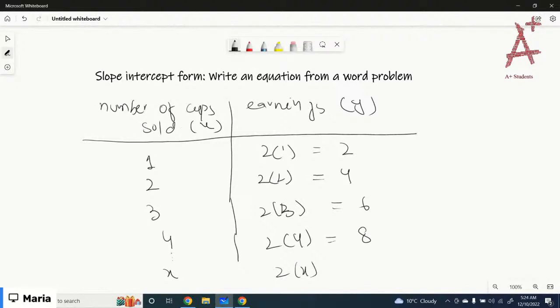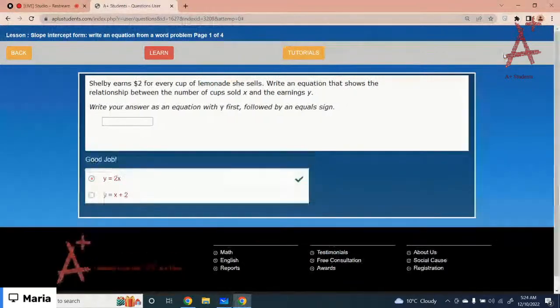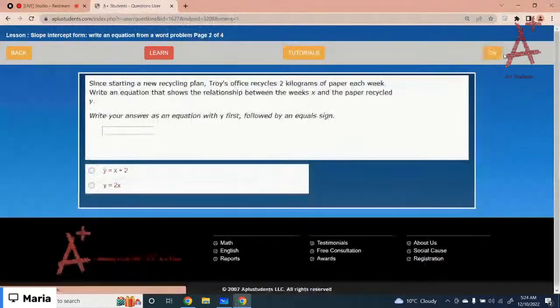You just have to form the equation using the table. So the correct option for this one is y equals 2x. Just select the correct option and click on the OK button.